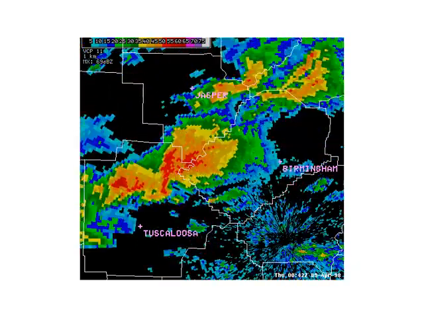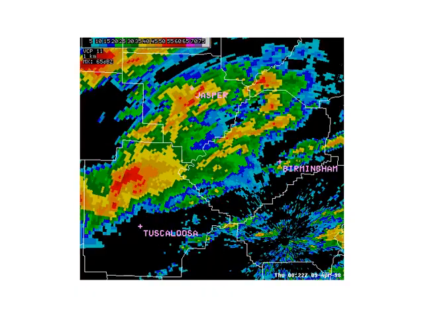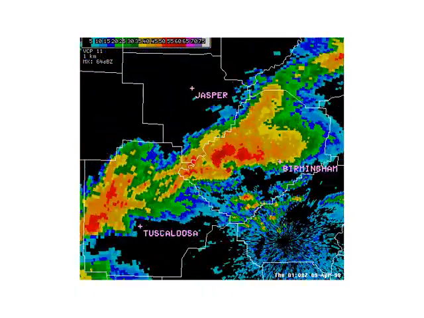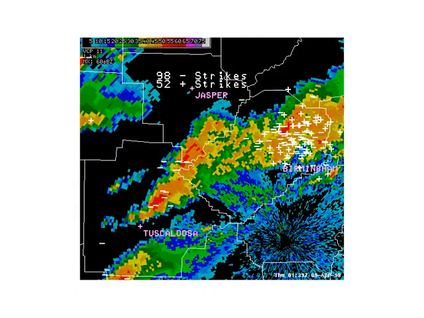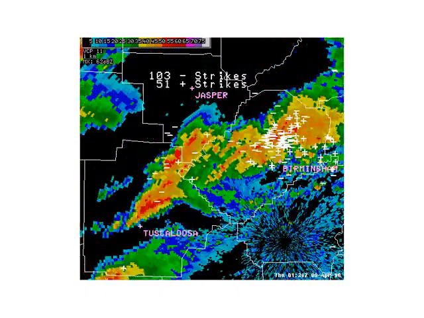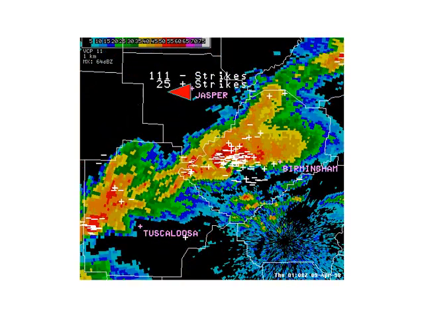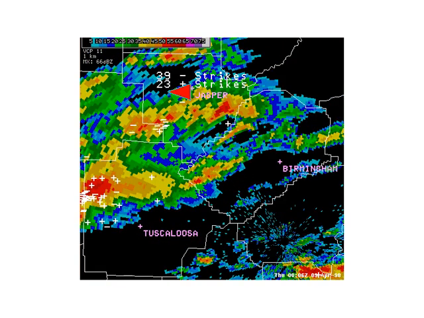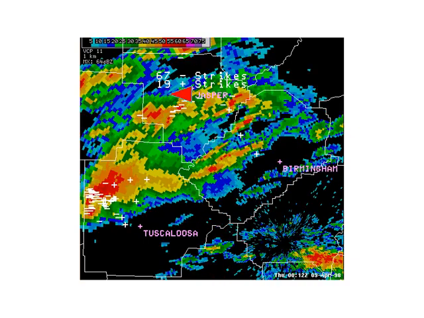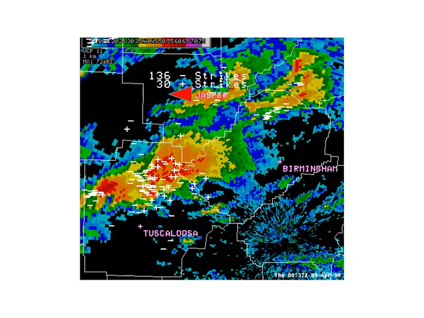So zooming in once again on the storm that's going to hit Birmingham, we again see these characteristics, and the reason that I wanted to zoom in to this last step here is to show that when we're just looking at primarily the Birmingham storm, you can definitely see the pulsation in the total lightning count. We begin with 50 strikes over this 5-minute period, and as we go along here, we increase to well over 100, and in fact we get over 200 as the storm moves past Tuscaloosa.